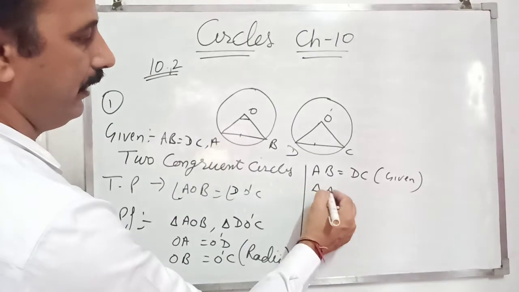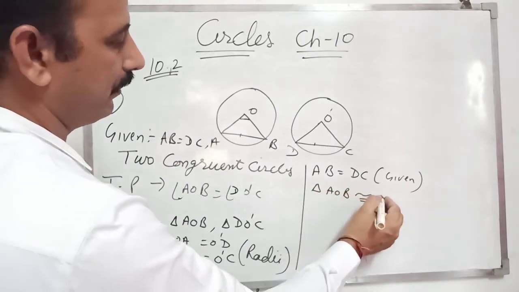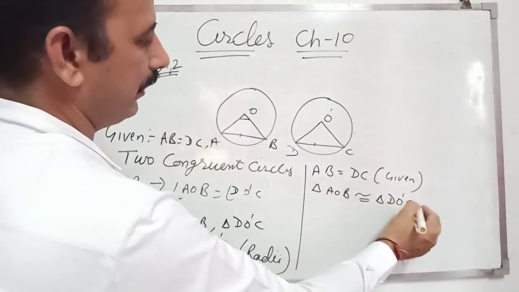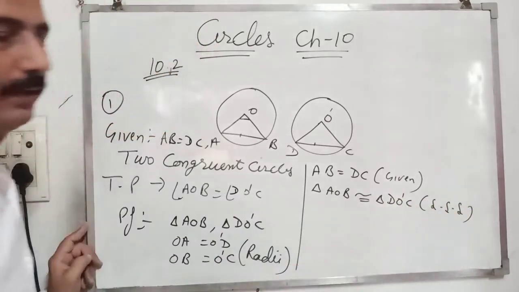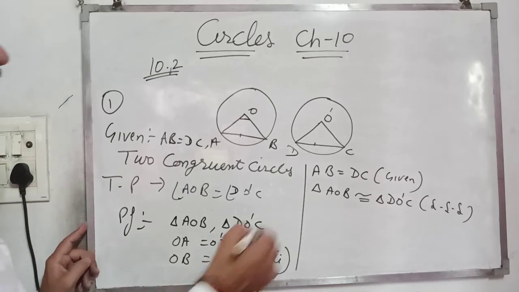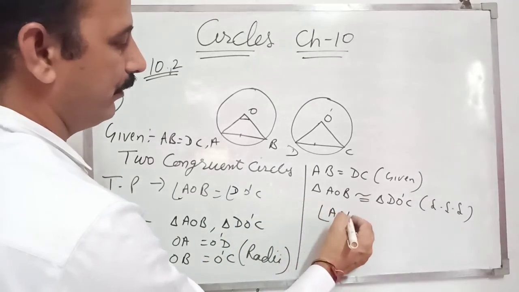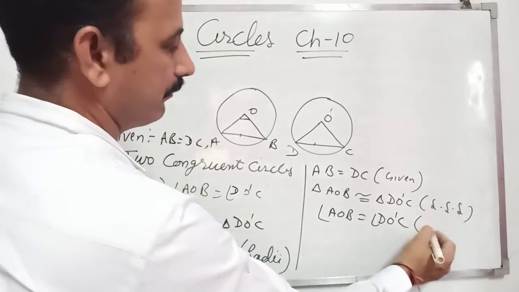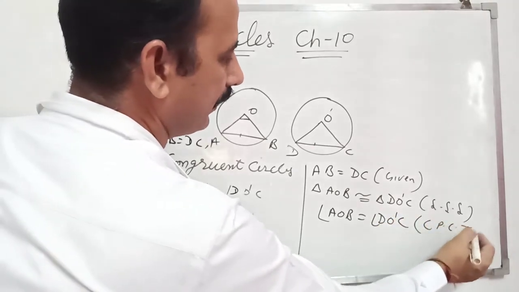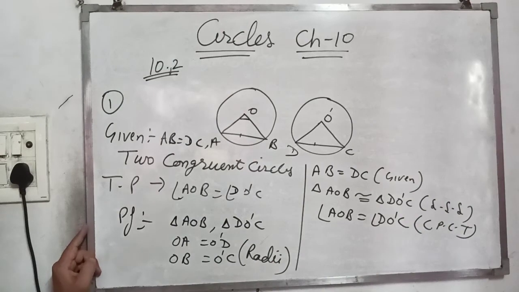So triangle AOB is congruent to triangle DO'C by SSS. If they are congruent, the corresponding parts are equal, so angle AOB is equal to angle DO'C by corresponding parts of congruent triangles.